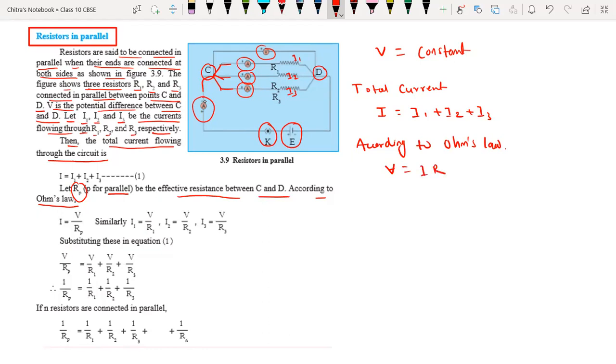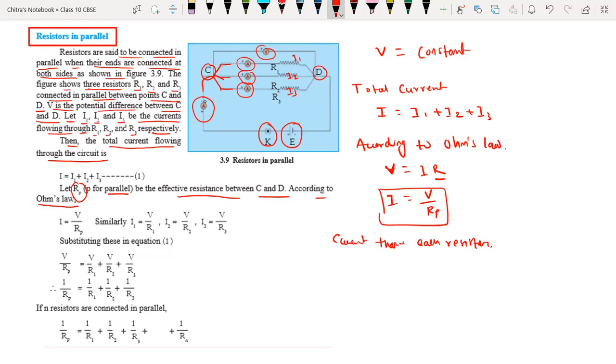But here we have to calculate I for each resistance. So I'm just transferring that R. So it will be I equals V divided by RP. Okay, we have I equals V divided by RP. So what is the current flowing through each resistor?